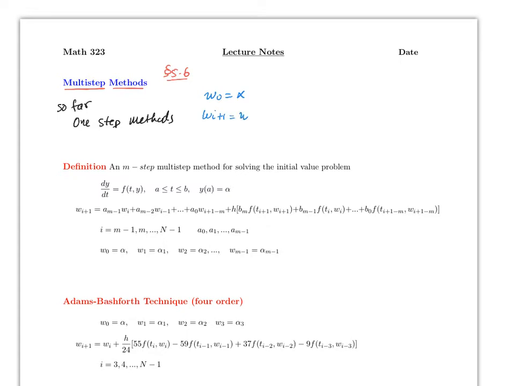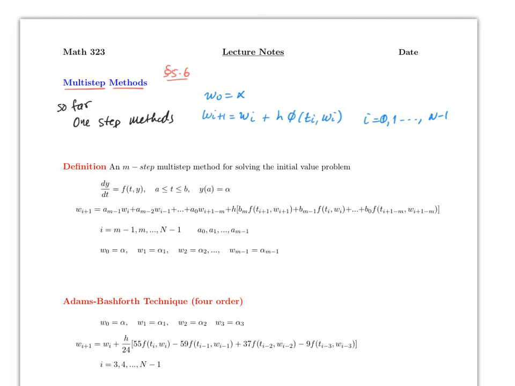w_{i+1} is equal to w_i plus h times some function phi of t_i, w_i, where i is equal to 0 all the way to n minus 1.